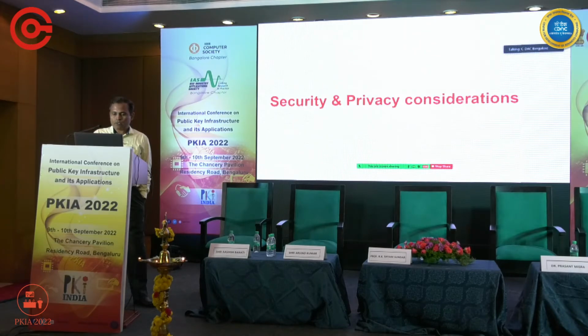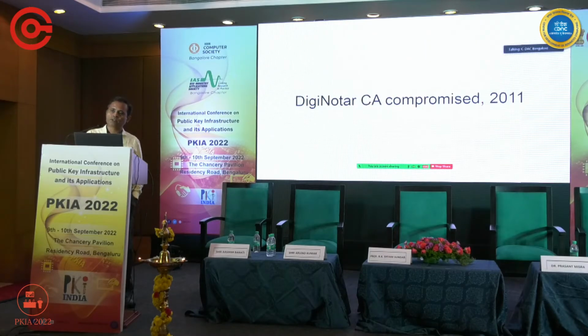Apart from the extensions and the limitations that X509 has, X509 also came across some serious trust compromise issues in recent history. DigiNotar, the root CA, got compromised in 2011, started issuing certificates for Gmail and targeted a particular country's users, and the hack was successful.